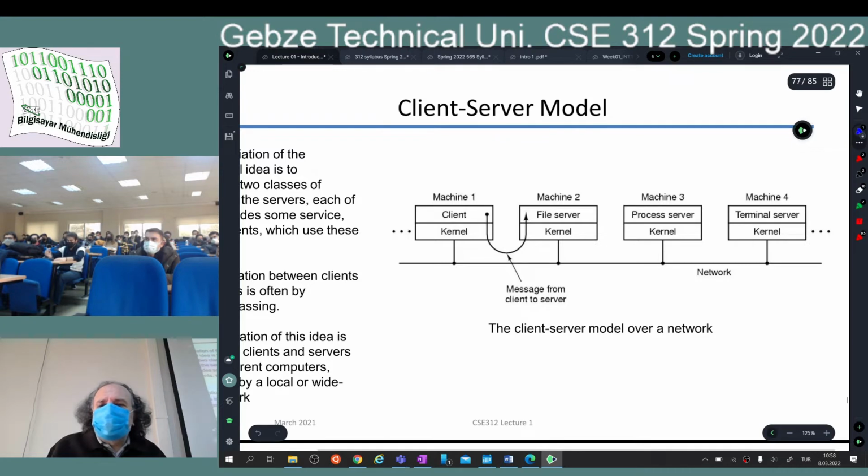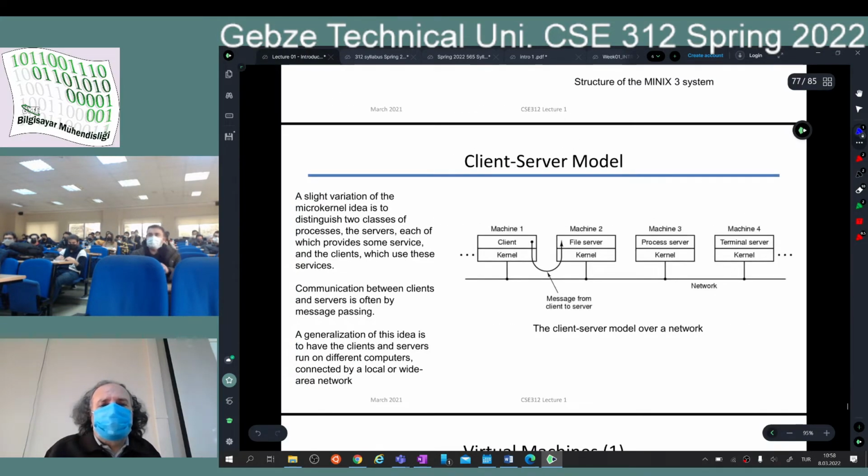Maybe this is not a good example, but how about this one? If the machine goes down there, the terminal server is out, but the main operating system, like the file server and the process server, can still continue. Or I can just initiate another backup server from somewhere else, over the campus and so on.